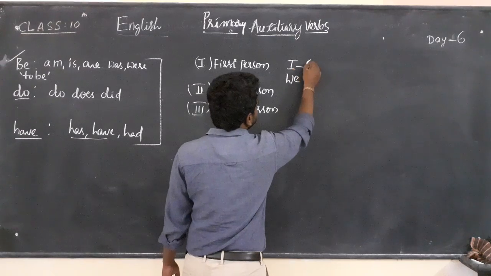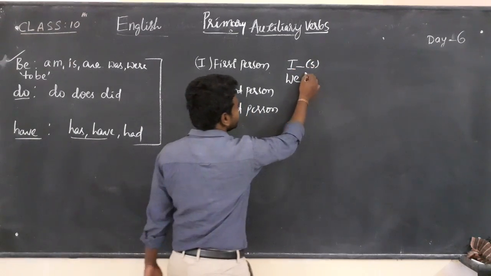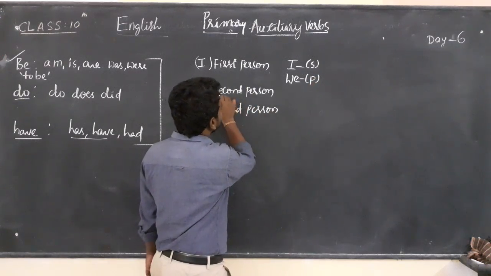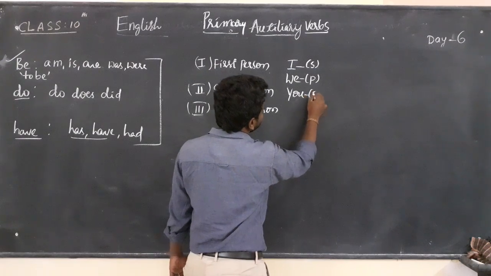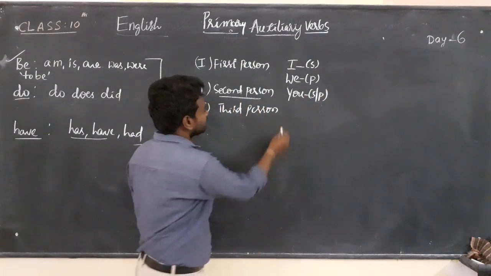I is singular, and we is plural. When it comes to second person, you becomes singular as well as plural.